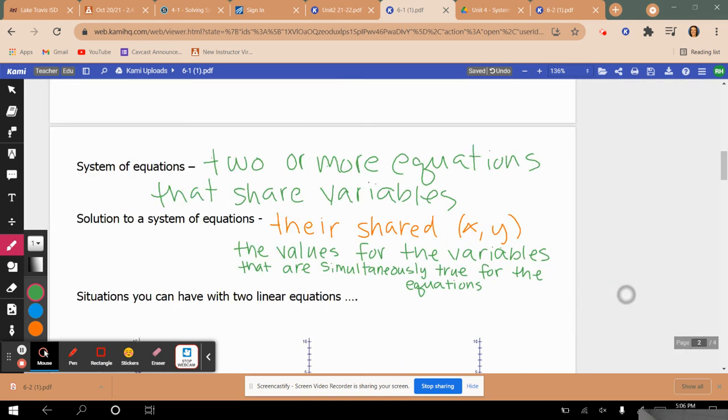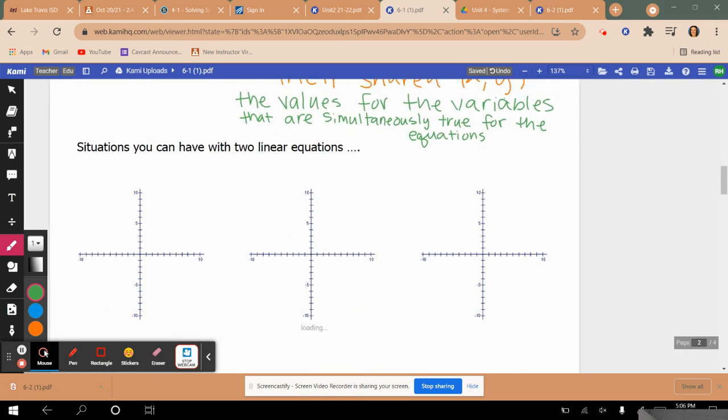For solutions of linear equations, we're going to come across three different types or situations that we might have. You can have two linear equations. So the first one we're going to have is if we had a line like this and a line like that.